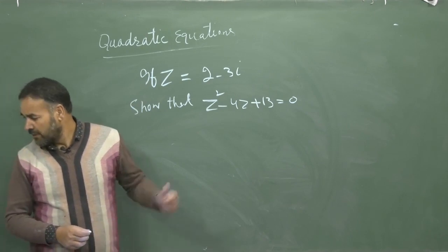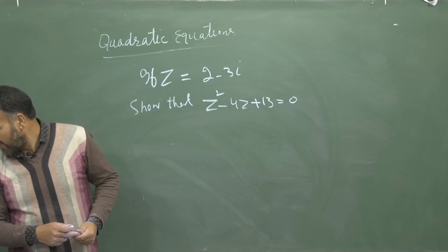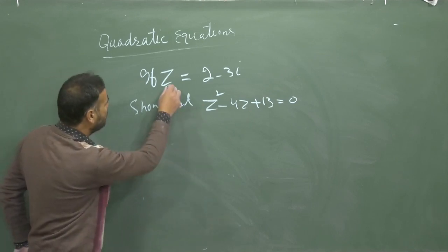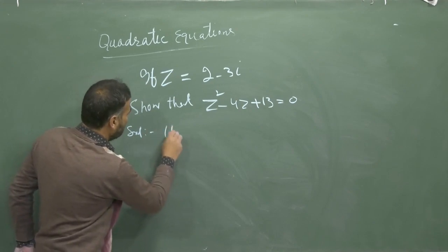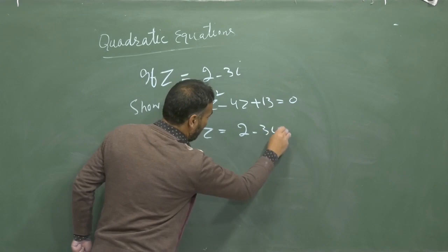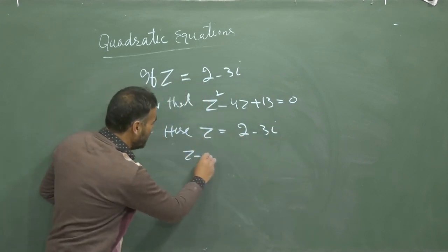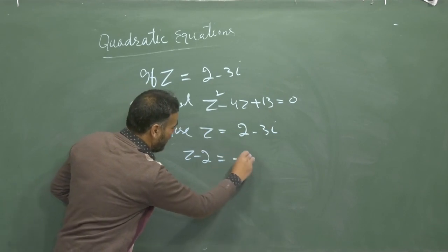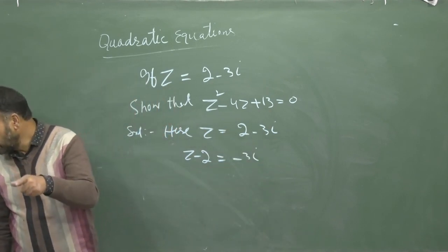Solution. Here z is equal to 2 minus 3i. In the first part you can transpose this 2. So it is z minus 2 is equal to minus 3i.